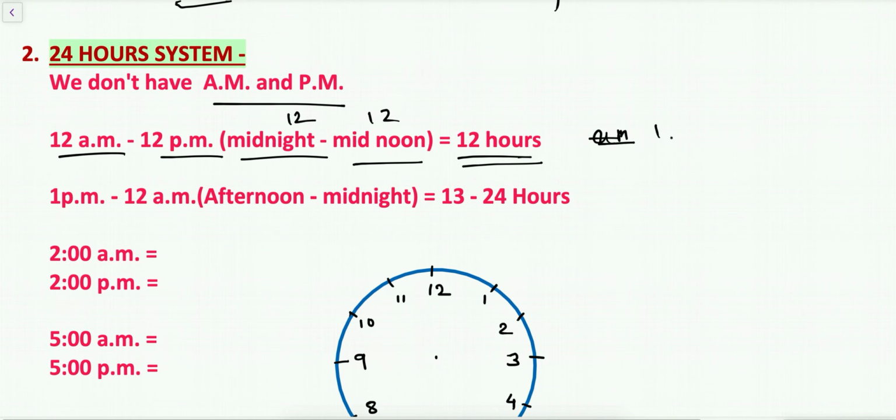The hour unit is not the same as the minute, so we need to convert hours into minutes. 1 hour is equal to 60 minutes, so 6 hours will be 6 into 60, which is 360 minutes.